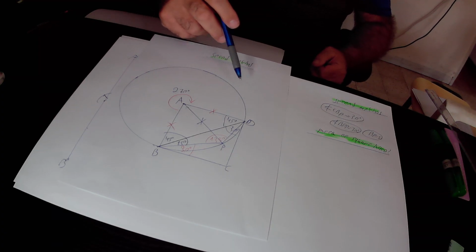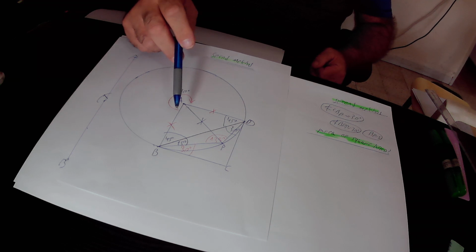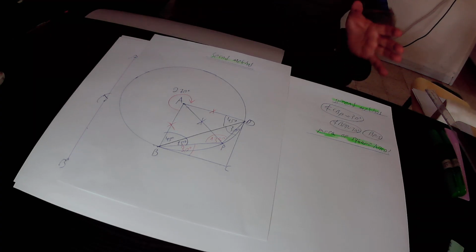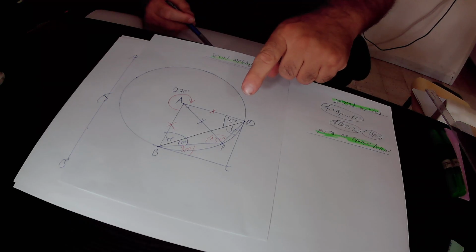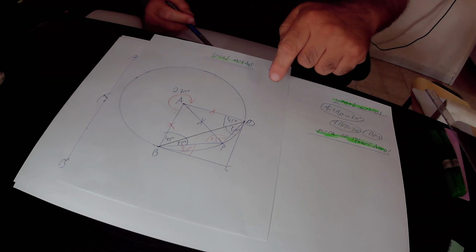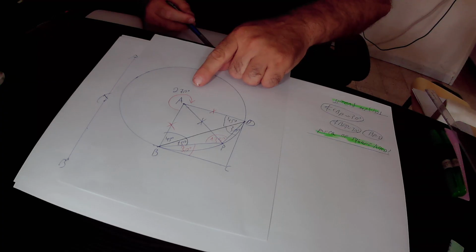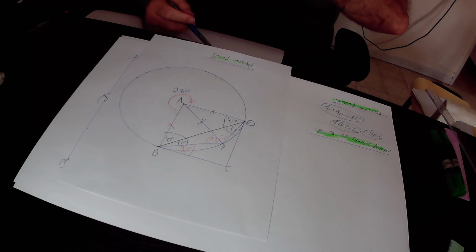So angle DPB is half of central angle BAD, and they are both subtended on the same chord BD. And therefore it obeys rule 13: peripheral angle DPB is equal to half of the central angle BAD. 270 degrees over 2 is 135 degrees.